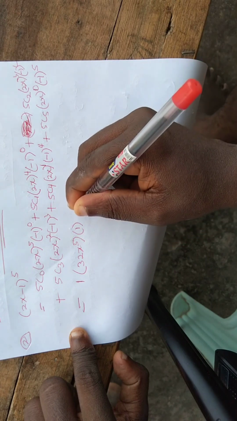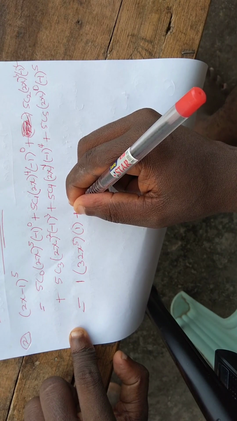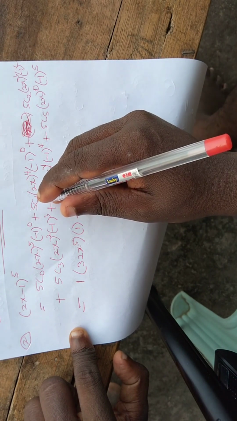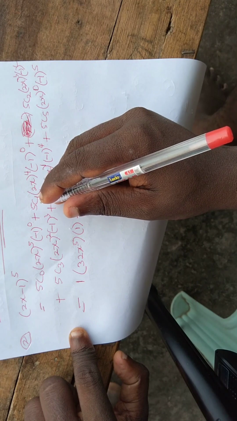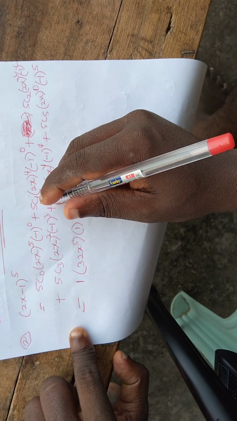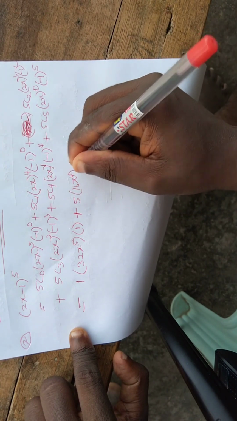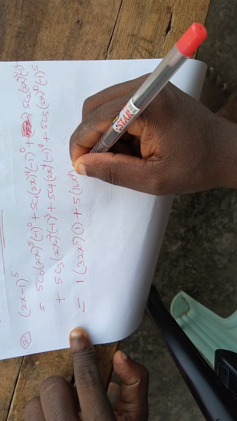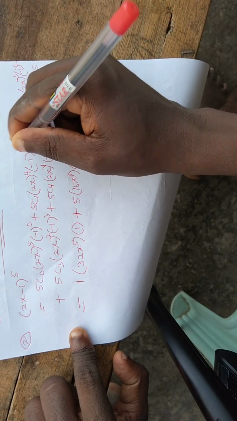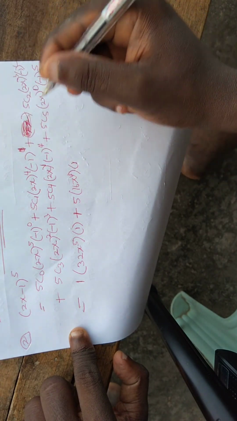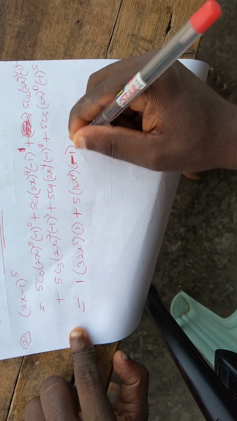Then plus 5 combination 1 will give you 5, so 5 times 16x to the 4, times minus 1.